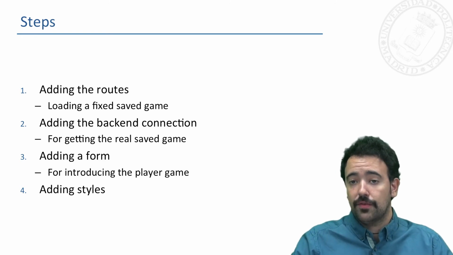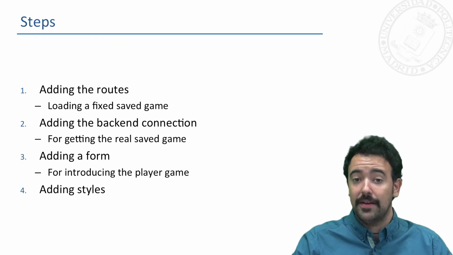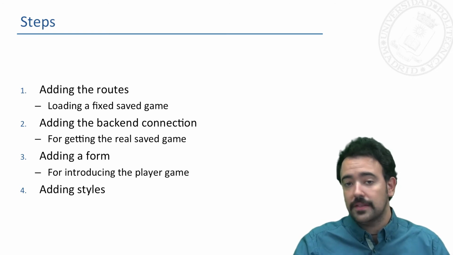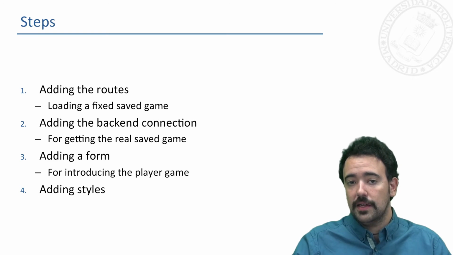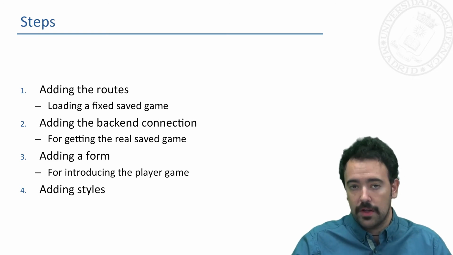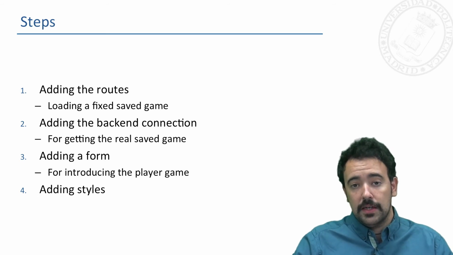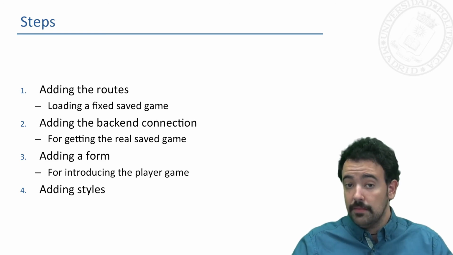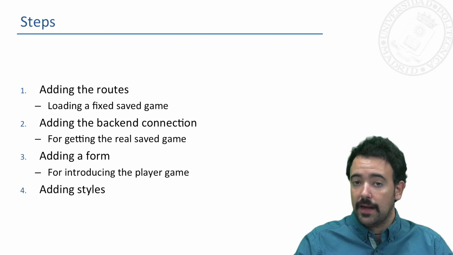The first step is, of course, to add the routes, but in a first approach, we will load a fixed saved game that we will save in memory. Okay, in the second step, we will load the real saved game, getting the data from a backend service, from a backend API.